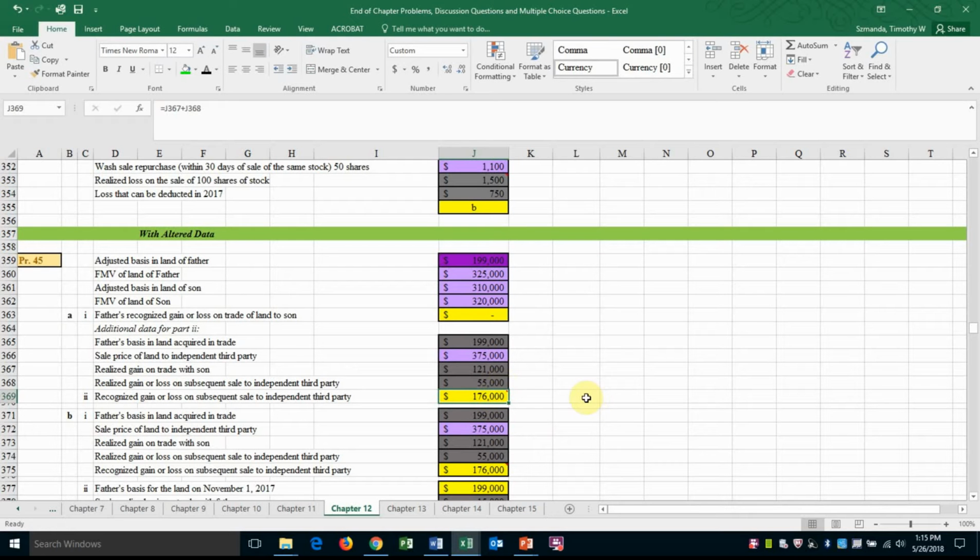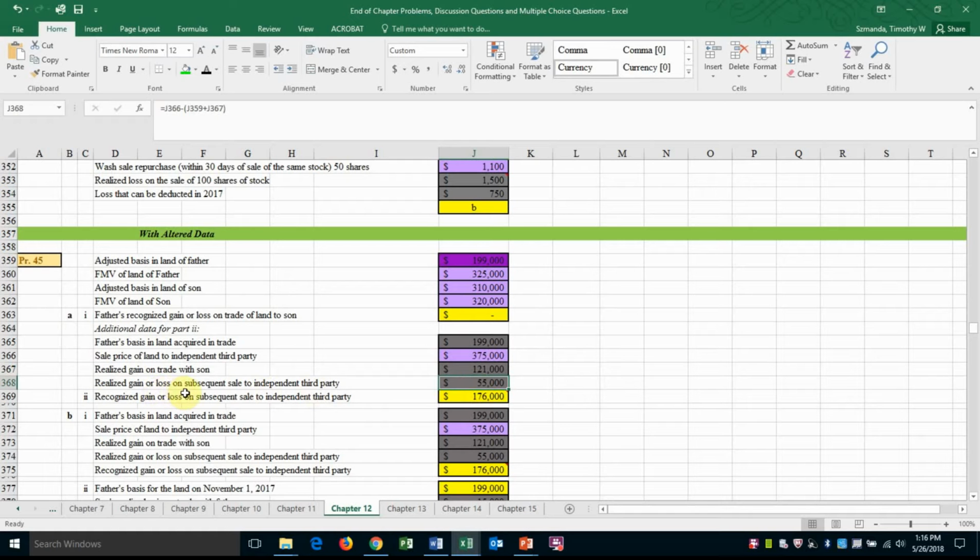I'll show you the intermediary calculations. The realized gain, as I alluded to earlier, is the fair market value minus the adjusted basis of $199,000 in my case.